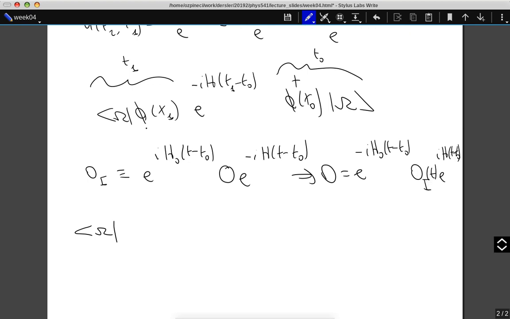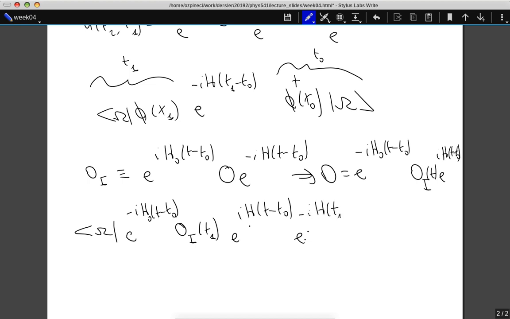Since this is the state I'm looking at some later time t1, I would like to express it in terms of O_I(t1). I have e to the power minus i H (t1 minus t0), this is H0.